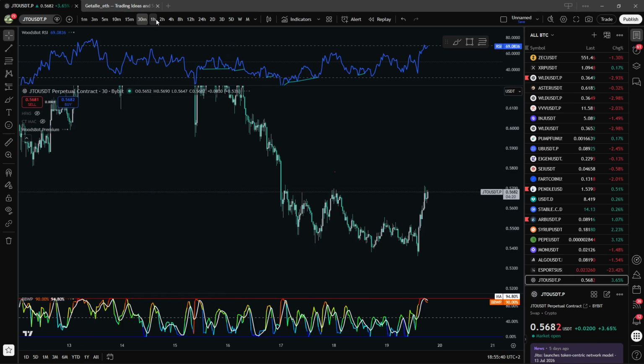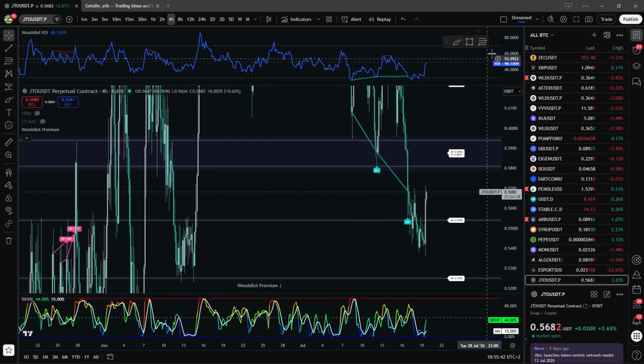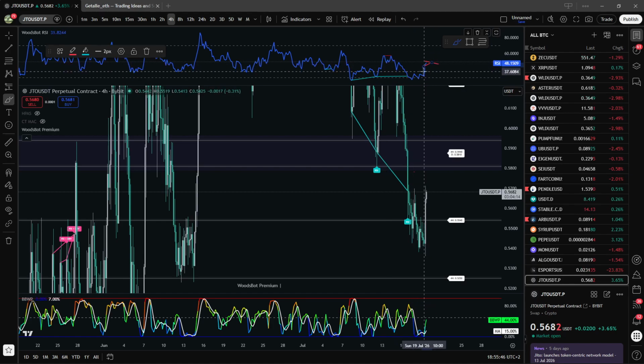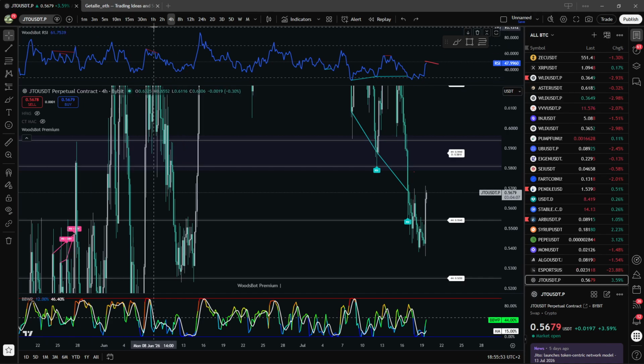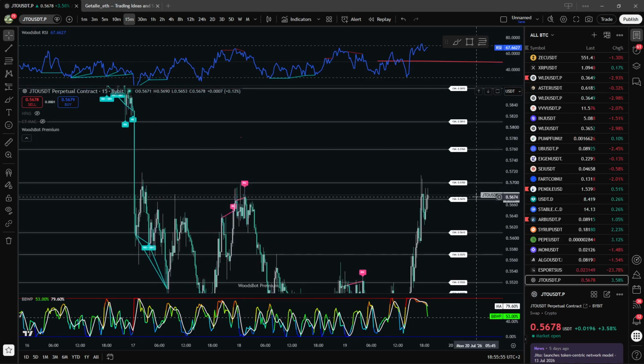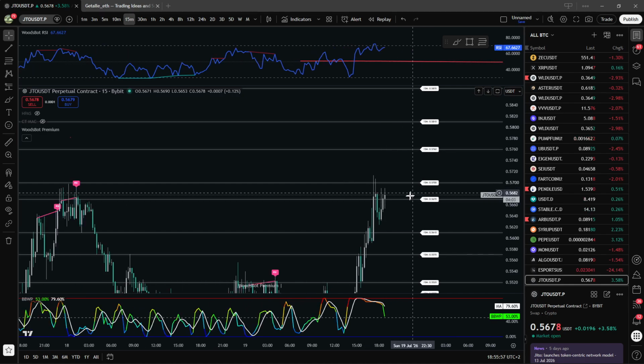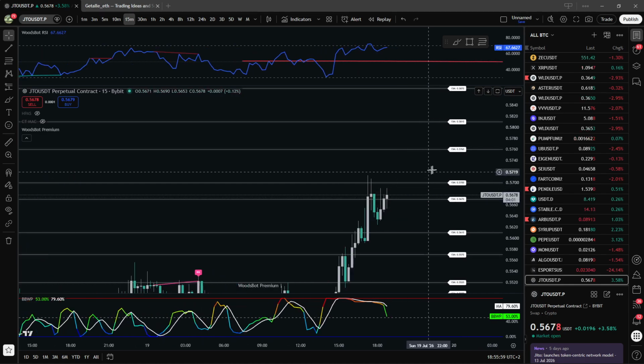Momentum is looking fine on the 1 hour. 4 hour momentum is still under the 50 mark, so there's still potential for a short, but there's no clear trigger right now. Bye bye, deep damage. Have a nice day. There's no bearish divergence right now on the 50-minute charts.